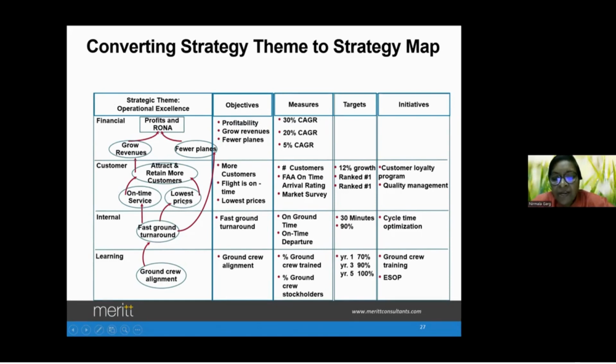So typically, having learned about the 3 value disciplines, which discipline do you think Indigo is in? Operational excellence. Absolutely. Now, any organization cannot be good at all the value disciplines. Then it will be conflicting and it will not succeed. But that doesn't mean you have to be very bad at two and only good at one.